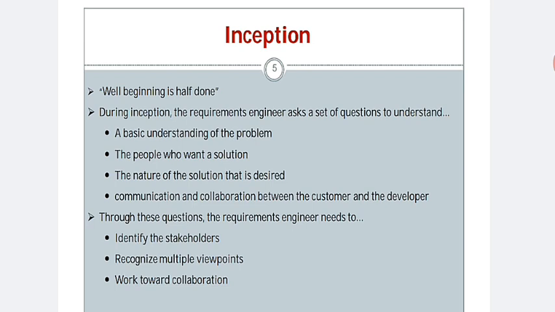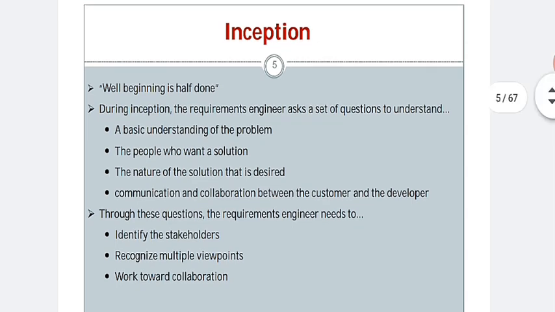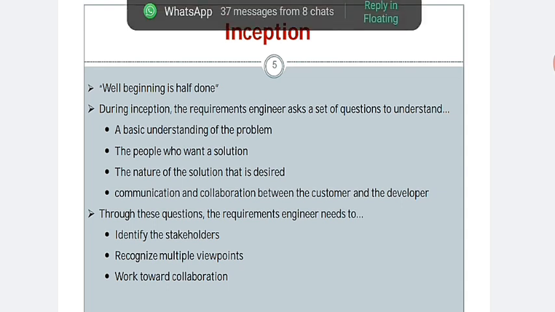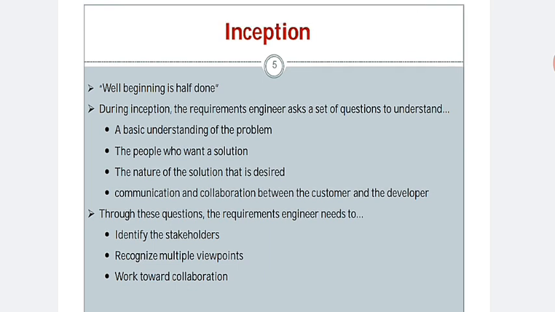After that, the communication and collaboration between the customer and the developer. The actual aim of asking different questions to the clients is to make better communication between the customer and the developer. Whenever there is good communication, it is easy to understand the actual requirements of the clients.